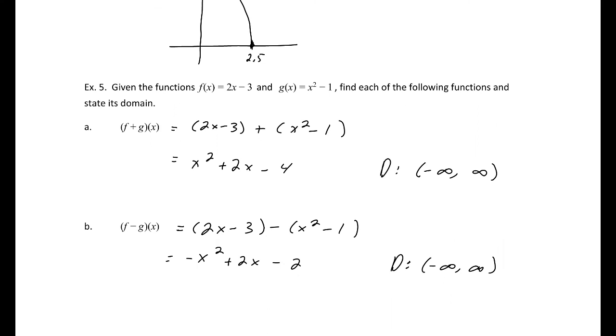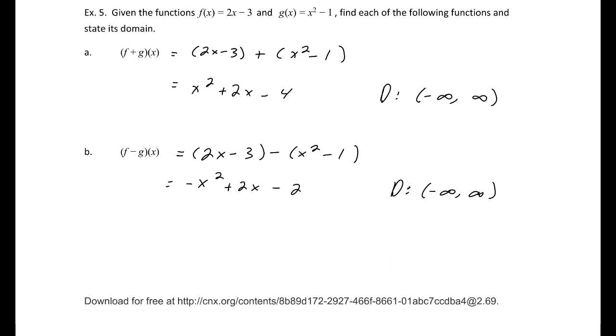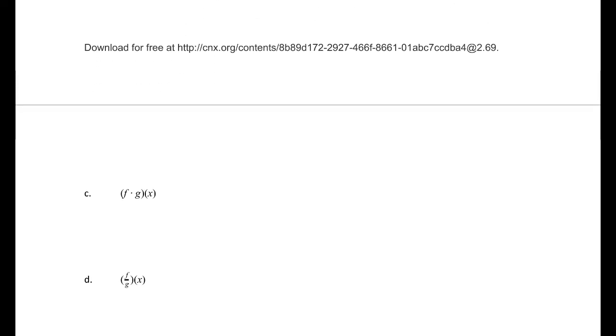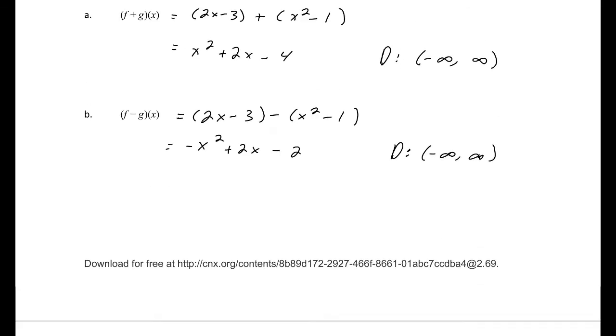You might wonder, if we're always going to get a quadratic, then why are we even worrying with that? Well, there are a couple of places where that will not be the case. So f times g is going to be 2x minus 3 times x squared minus 1.